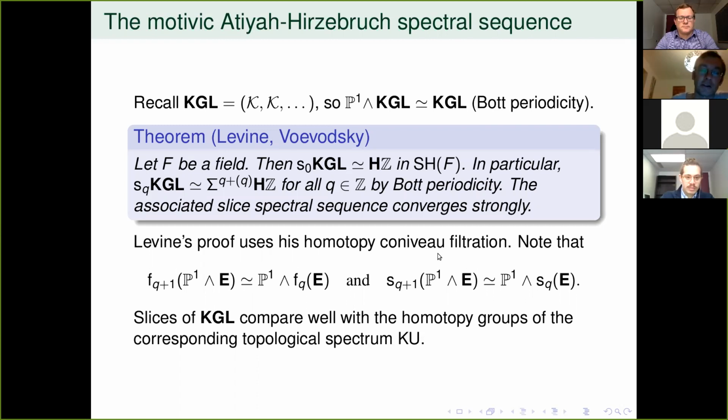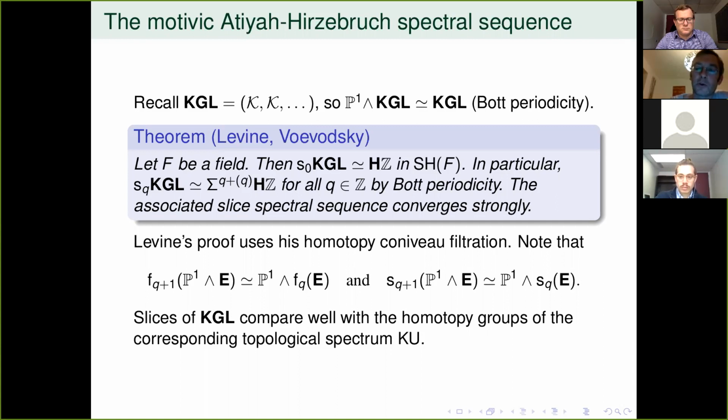So this is Levine's notation for the filtration he defines, and this filtration is defined using cycles of a given codimension in a smooth variety, taking a product with some large affine space.